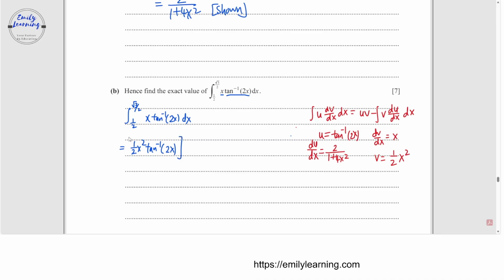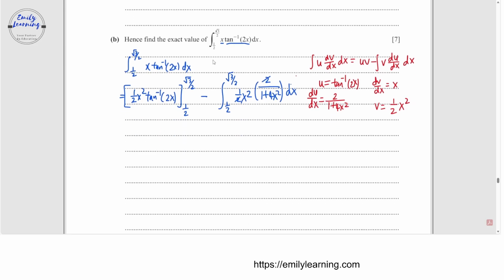Because it's a definite integral, we need to put in these values later on, minus v, which is half x squared, times du/dx, 2 over 1 plus 4x squared. I can simplify this, so it's essentially x squared over 1 plus 4x squared. Let's first finish doing this first.